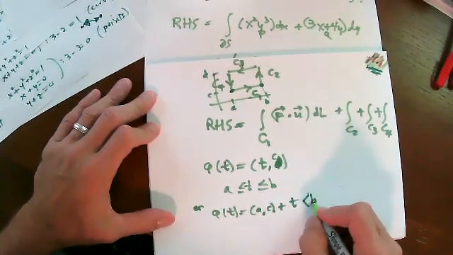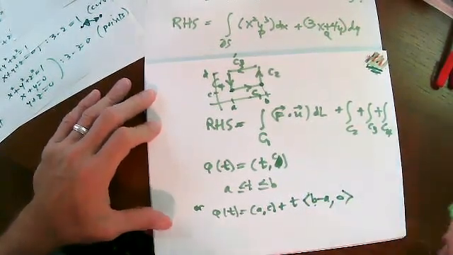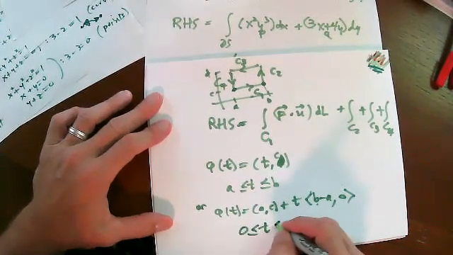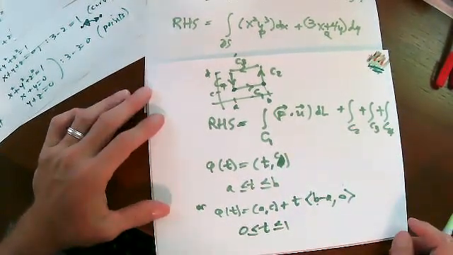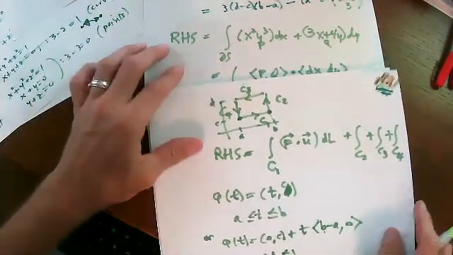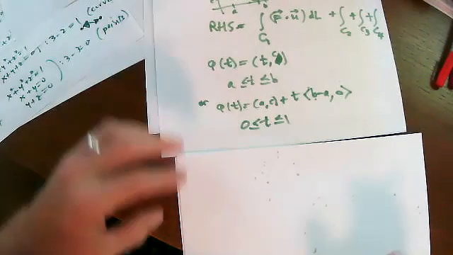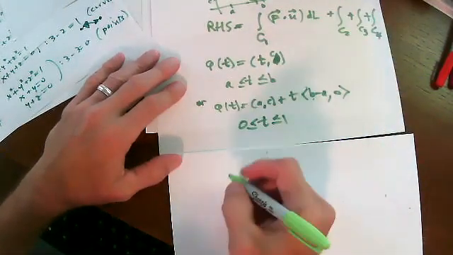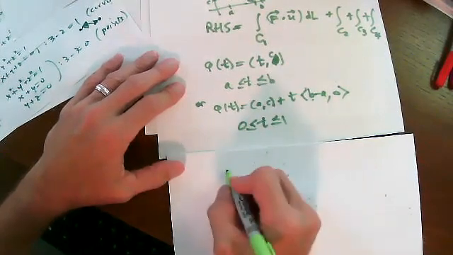And in our case, that vector is just b minus a comma 0. So here you just let t range from 0 to 1, and that will give you your parameterization. There are other parameterizations you could use too, of course. You always have infinitely many choices. But let's just pick one. Let me use this first parameterization.